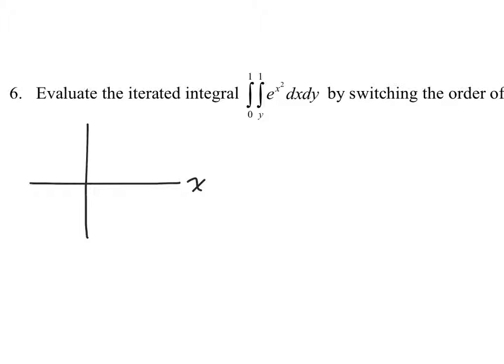Just xy axis. And we're going to take a look at each of these bounds individually, all right? So when we're taking a look at the innermost integral, now I just pull that out.